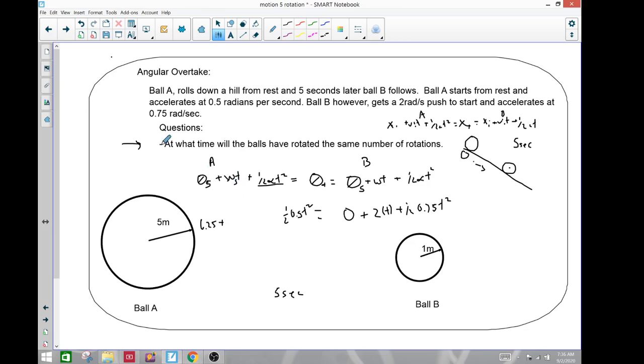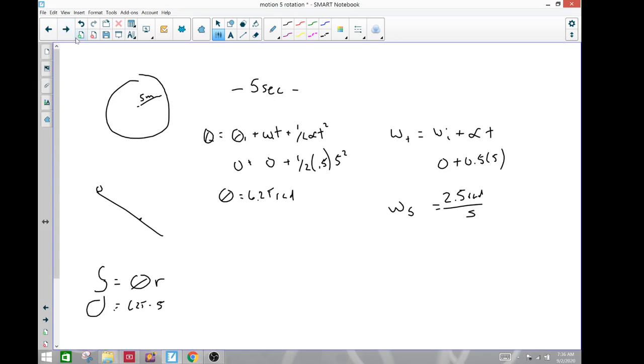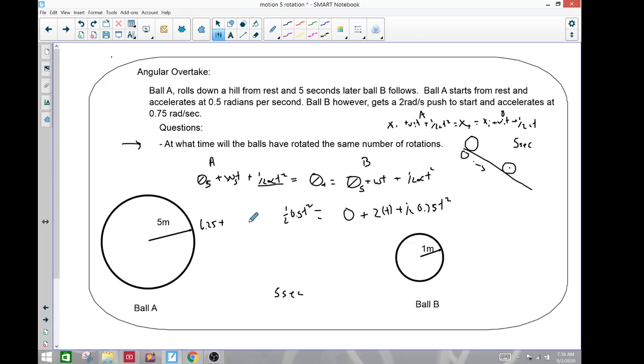At 5 seconds, its angular velocity has crept up to 2.5 radians per second. Now it's going to continue to get bigger because of the acceleration: 2.5 and then t. This is all we got.